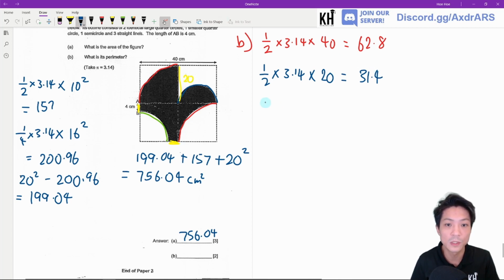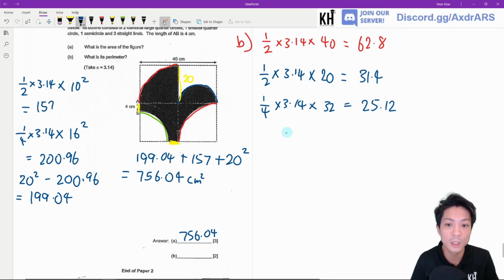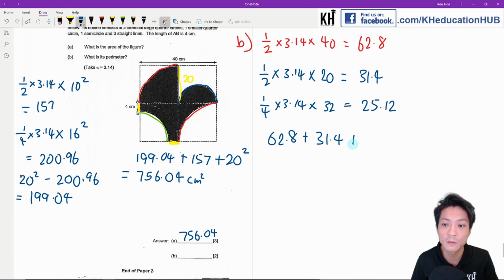Okay, so now I can proceed on to, okay, still got the green one. The green one I'm still gonna continue with using blue color. A quarter times 3.14 times, since the radius of it is 16, that means the diameter is 32. Okay, 3.14 times 32 divided by 4, 25.12. Okay, I don't think I missed out anything. So 62.8 plus 31.4 plus 25.12.